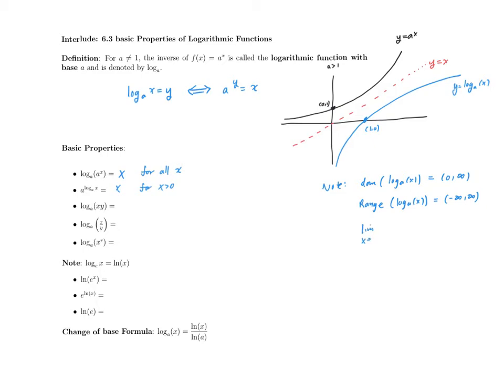The limit as x approaches 0 from the right of log base a of x. So an input close to 0 on the right, our graph is approaching minus infinity. And then for completeness here, let's also note that as we approach infinity, log base a of x also approaches infinity.